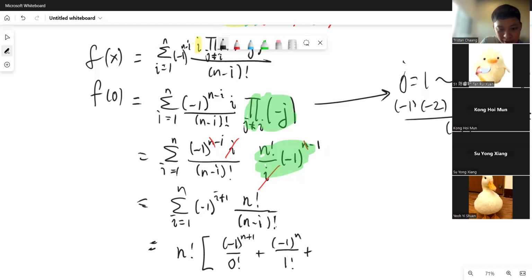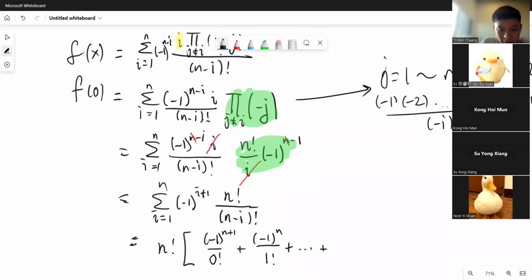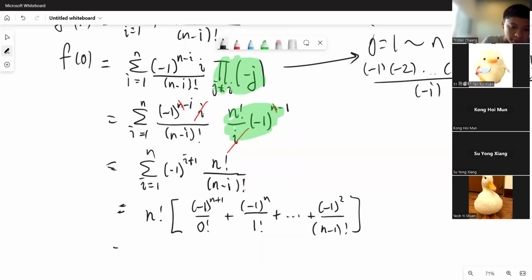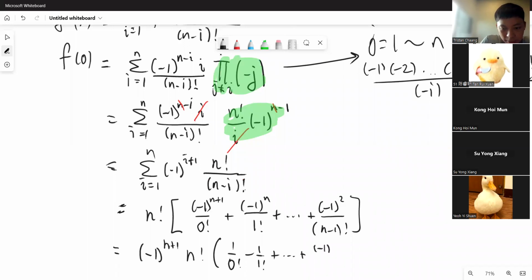It's just the negative one controls the sign. Plus so on until minus 1 to the 2 over n minus 1 factorial. So this is minus 1 to the n plus 1 and then 1 over this, minus 1 over this, plus blah blah blah, plus minus 1 to the n minus 1 over minus 1 to the n.